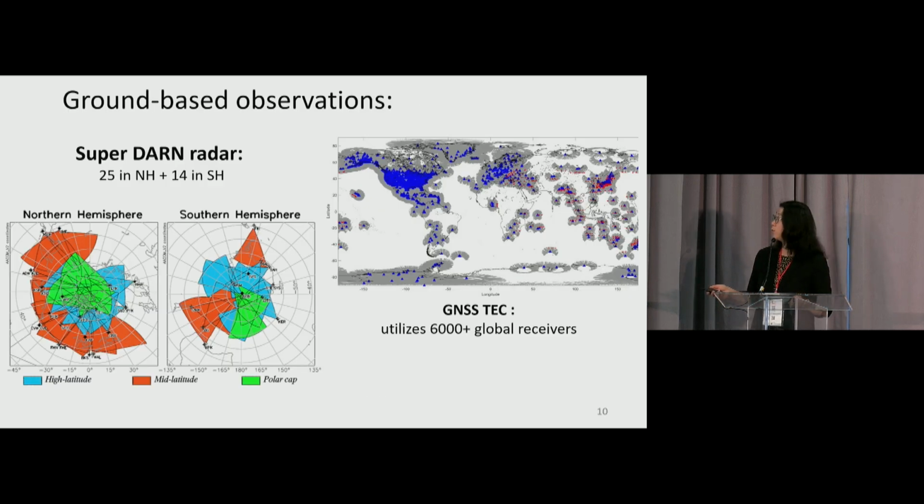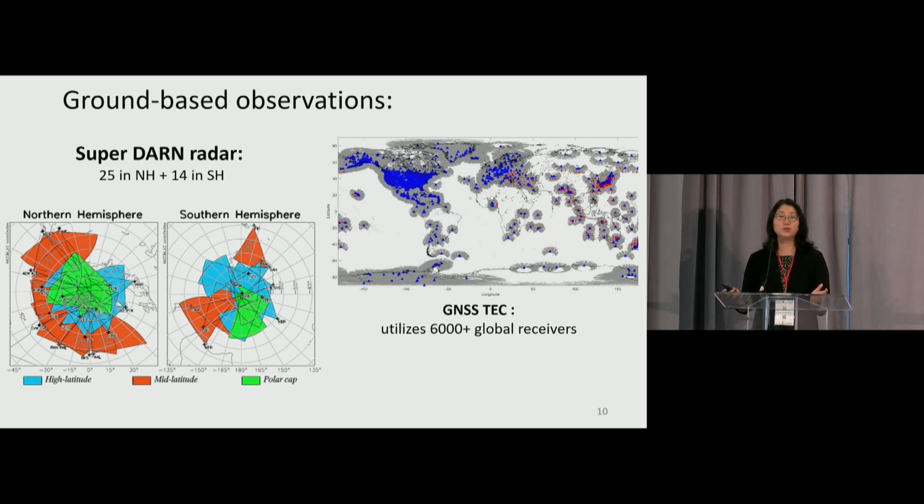The improvement in ground-based observation in the last decade strongly enhanced our capability to study the interhemispheric asymmetry. For example, the SuperDARN radars have very nice coverage for both high latitude and polar cap regions, and we can definitely do some interhemispheric study using SuperDARN. Meanwhile, GNSS-TEC utilizes more than 6,000 global receivers to cover most of the land area.